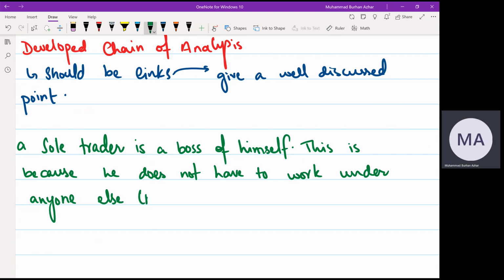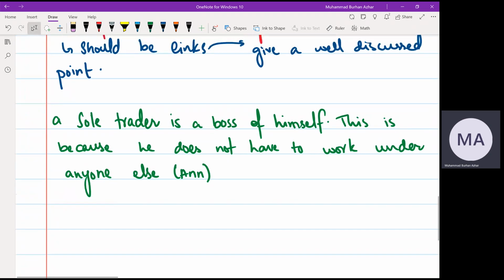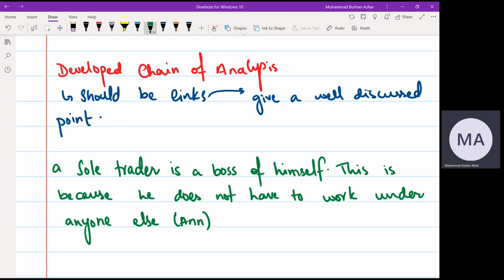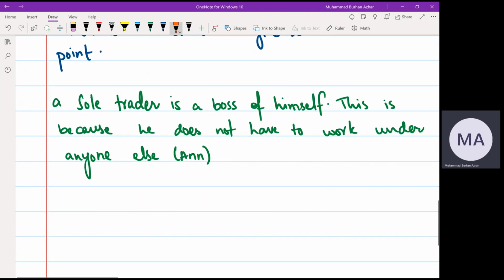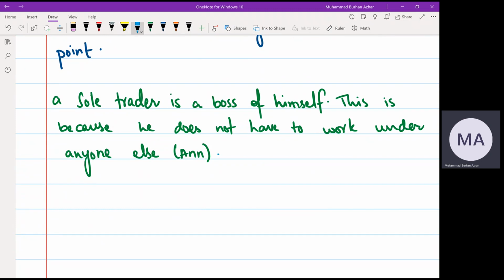So this is my analysis. अब यहाँ पे the thing is कि मैंने analysis तो build कर लिया, but I have not developed a chain of analysis here. So I'll further explain this analysis. Okay, this is because he does not have to work under anyone.